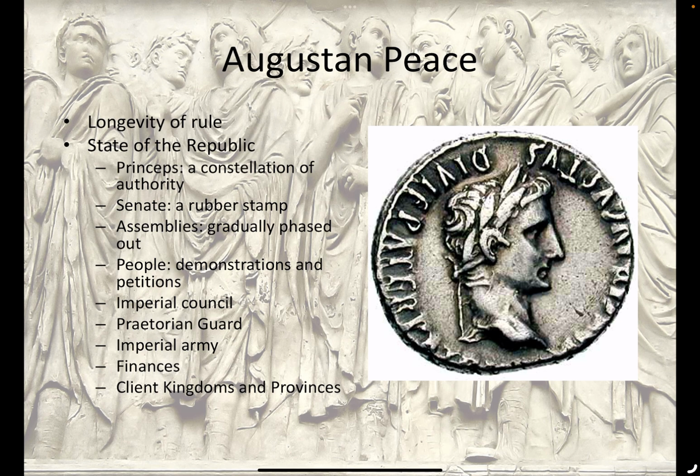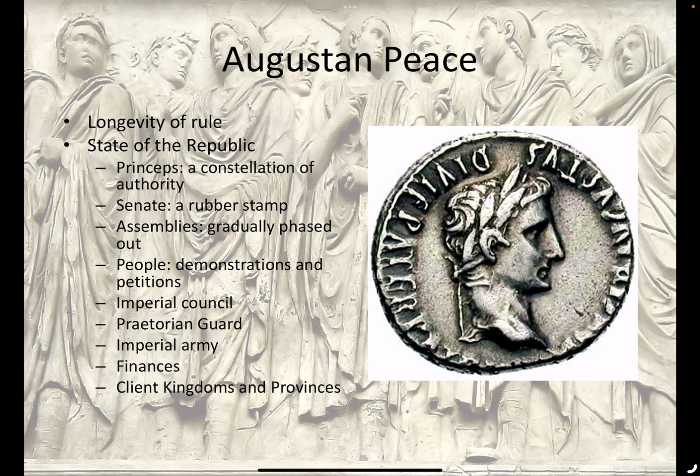These petitions happened in things like the Circus Maximus, where when the emperor attended chariot races, or he staged public entertainment events, the people would demonstrate, they would put up petitions, they would shout at the imperial box, and this is the way they got their voices heard. And in some cases, Augustus would listen to them. But the power of the people to influence law was diminished considerably under the Augustan peace.